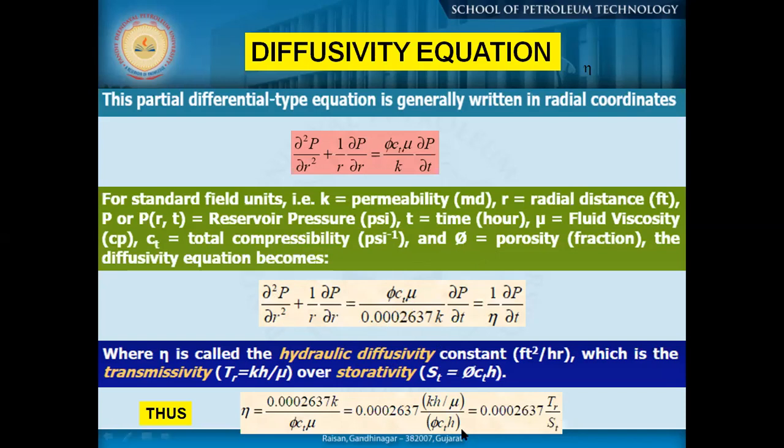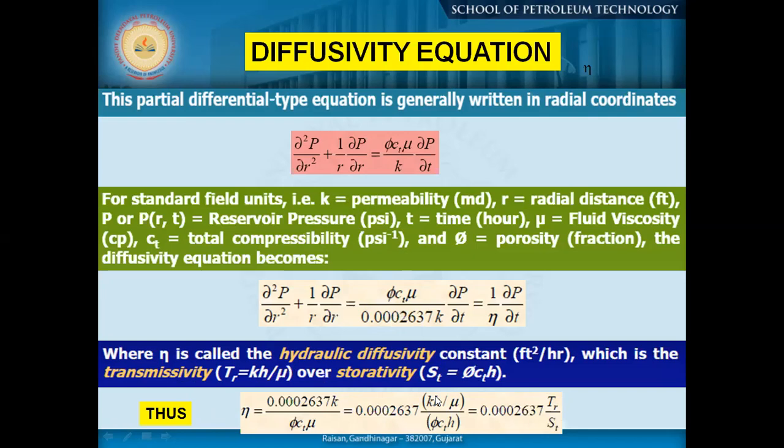This hydraulic diffusivity can be separated in two parts, transmissivity and storativity. You can see here, this is storativity, phi Ct h, and this is transmissivity, kh by mu. So once you divide, the hydraulic diffusivity eta can be expressed through these two parameters, transmissivity and storativity.